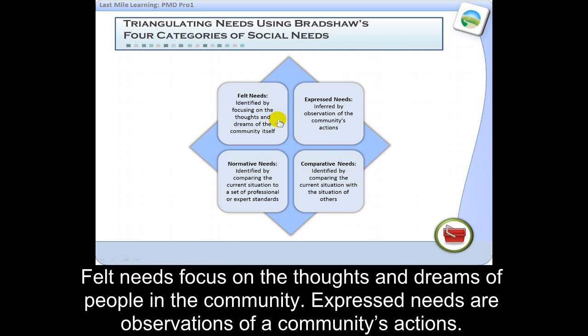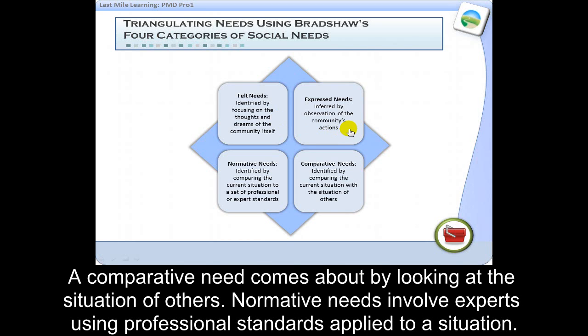Felt needs focus on the thoughts and dreams of people in the community. Expressed needs are observations of a community's action. A comparative need comes about by looking at the situation of others. And normative needs involve experts using professional standards applied to that situation.